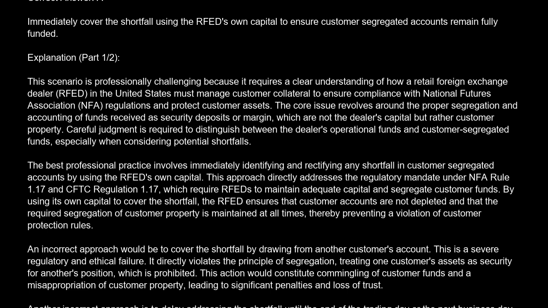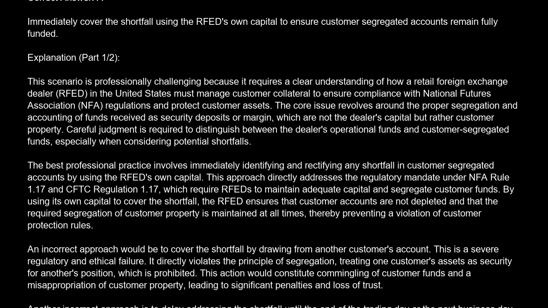Careful judgment is required to distinguish between the dealer's operational funds and customer segregated funds, especially when considering potential shortfalls. The best professional practice involves immediately identifying and rectifying any shortfall in customer segregated accounts by using the RFED's own capital.